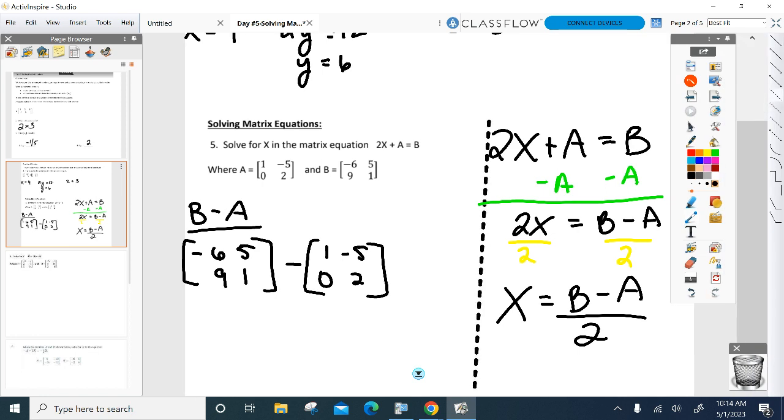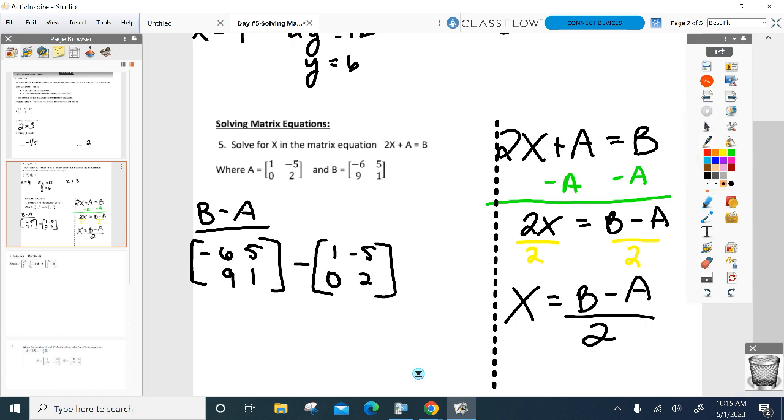Why do you put the brackets with negative 6, 5, 9, 1? That was matrix B. Right? I'm doing B minus A. So I'm taking matrix B right here. All I'm doing, Jerry, is rewriting this. All I did was rewrite it, so you guys could see where every single number comes from here. That's all I did, was rewrite both matrices.